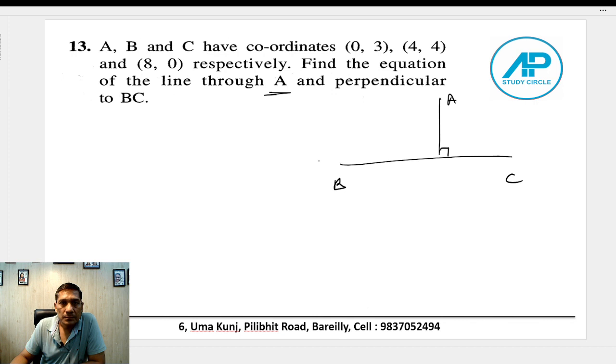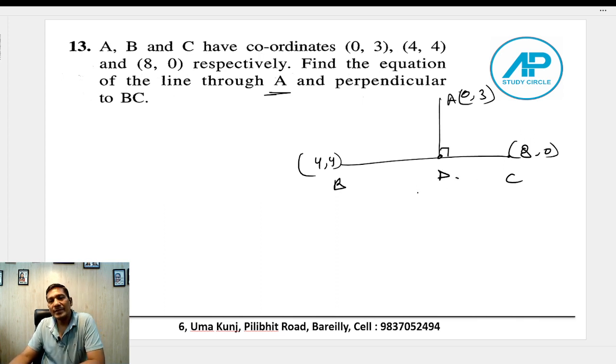Point B, point C, and point A is 0, 3. This is point D. For the equation of a line through A and perpendicular to BC: A is 0, 3, B is 4, 4, C is 8, 0. Through A perpendicular to BC.